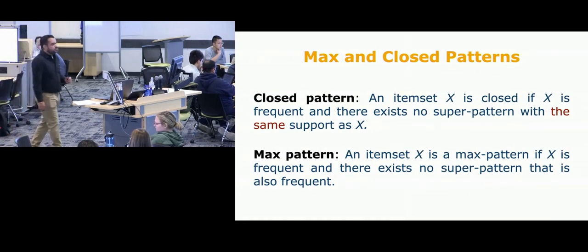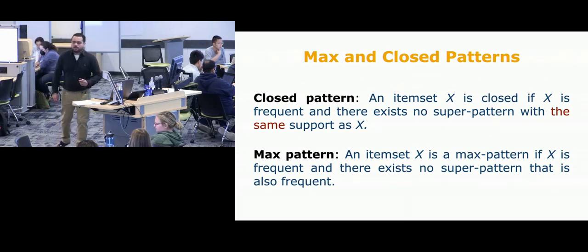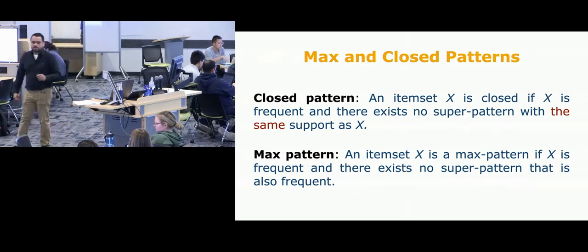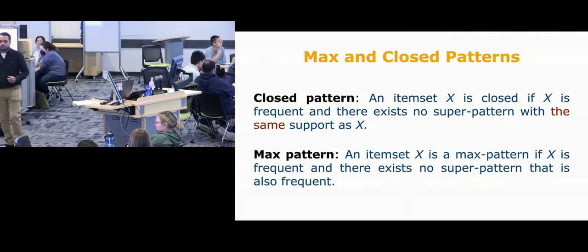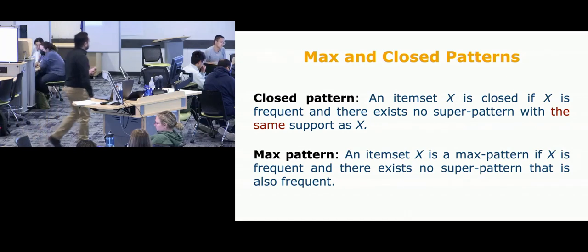Two common ways of evaluating item sets are what's called a max pattern and a closed pattern. A closed pattern means that X is frequent and there exists no super pattern with the same support as X. And a max pattern means that X is frequent and there exists no super pattern that is also frequent.